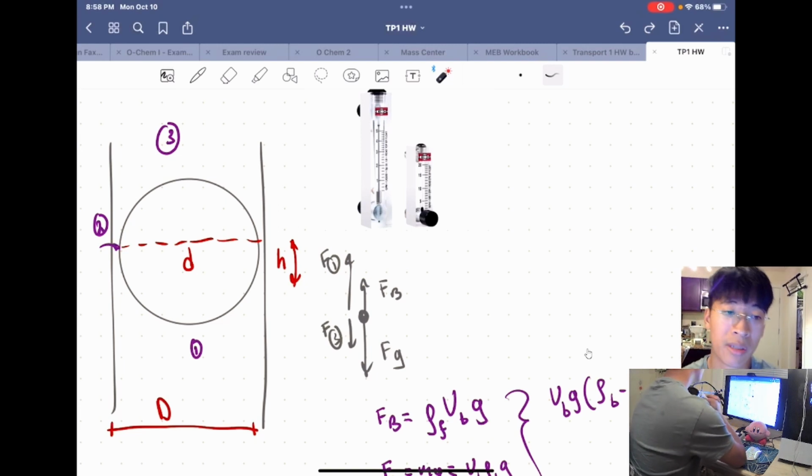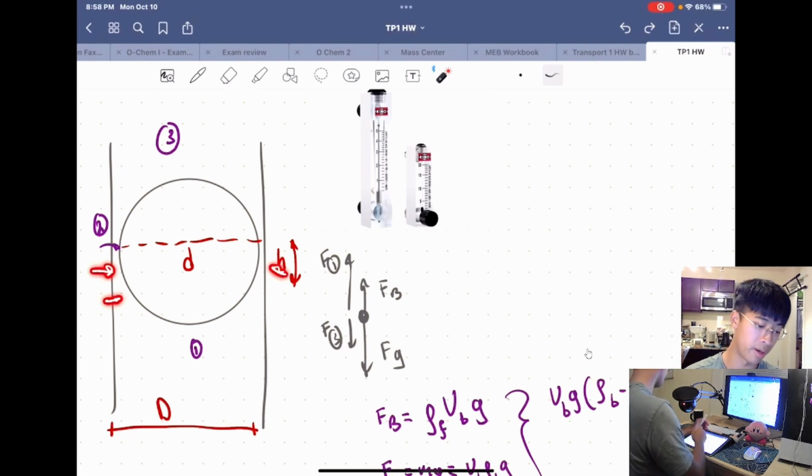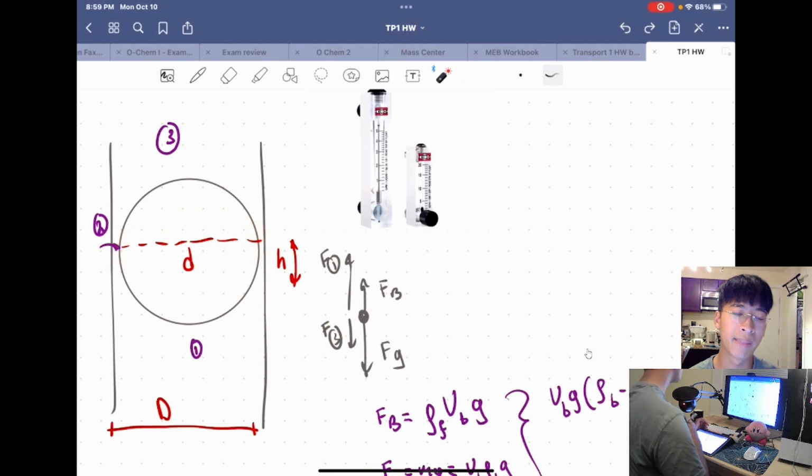That's not going to be the case here, because you recall from homework 1 of this class, Transport Phenomena 1, that you can represent the effective area of the pressure force, because the horizontal components all cancel each other out, leaving only the vertical components to generate a force. In other words, the cross-sectional area of the widest point of the sphere is the effective area of contact.